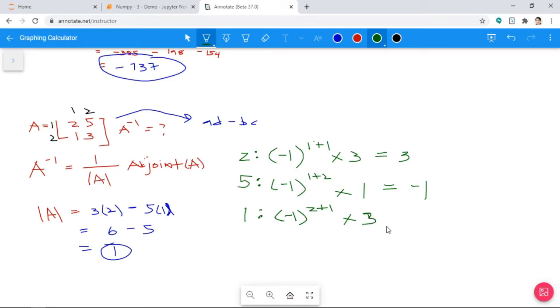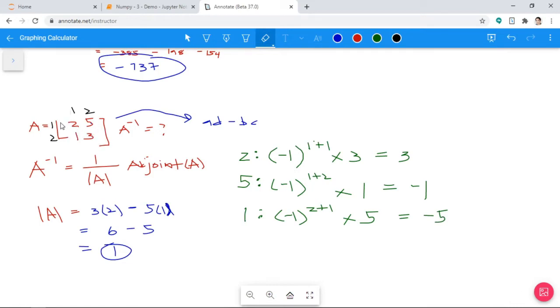Okay, I think no, not 3. I'm sorry, this one is 5. If you look at this one, we're concerned about here. So this one is 5. So it's equal to negative 1 times 5. This one is negative 5. Okay, so let me erase this one again.